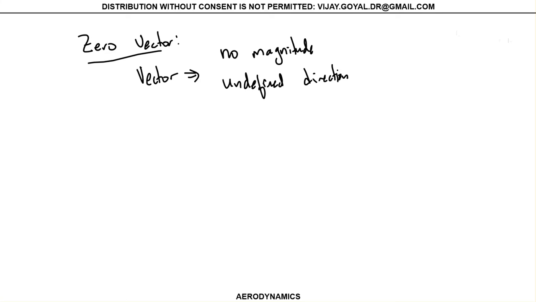Then a couple more things about vectors that are very, very useful is the dot product, or the scalar product.